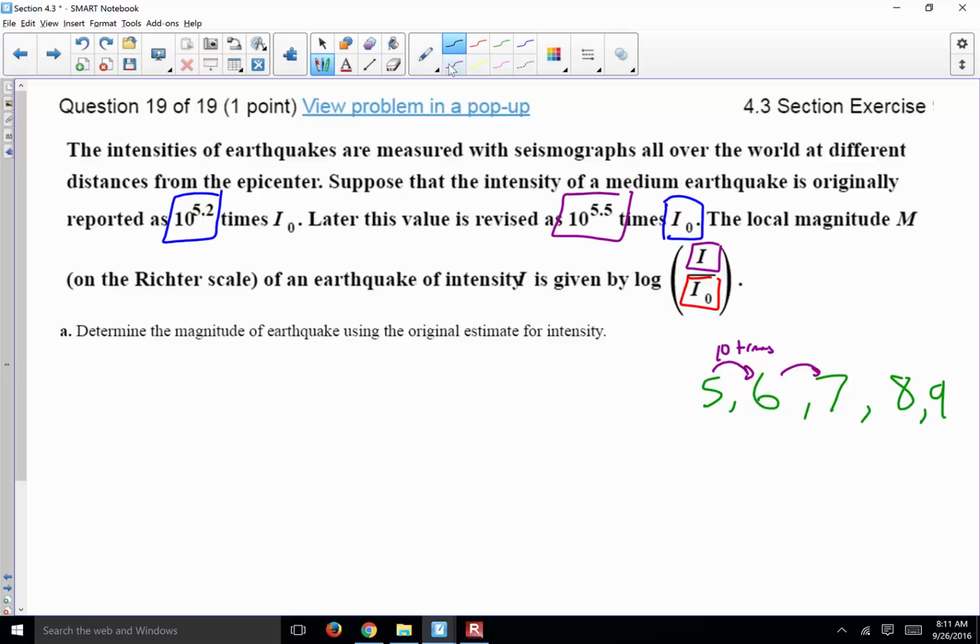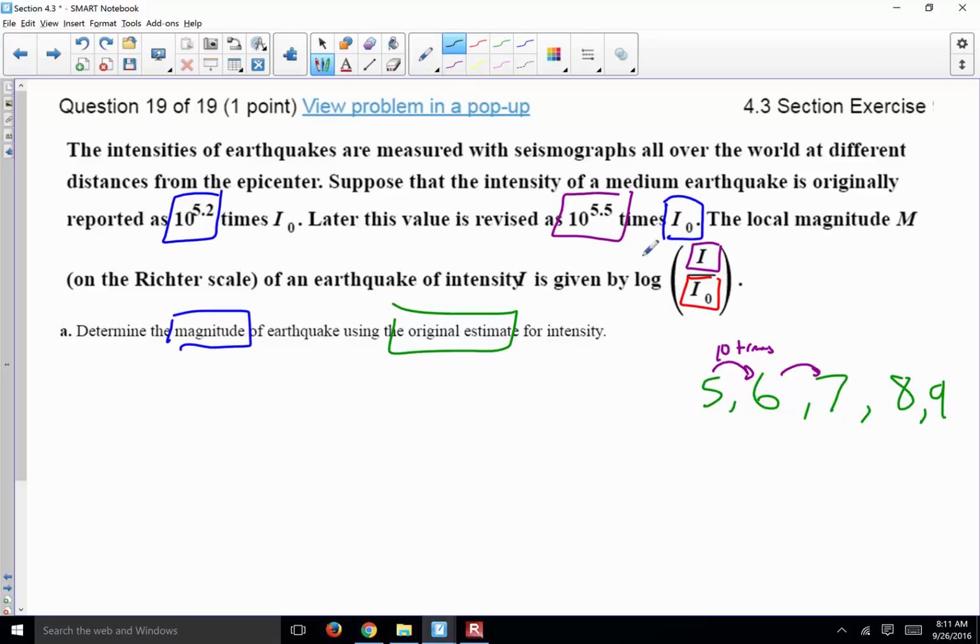Okay, so what we are going to do here is determine the magnitude of the earthquake using the original estimate for intensity. You're going to first determine the magnitude as a number 5, 6, 7, 8 using the original estimate. The initial reading was 10 raised to the 5.2.